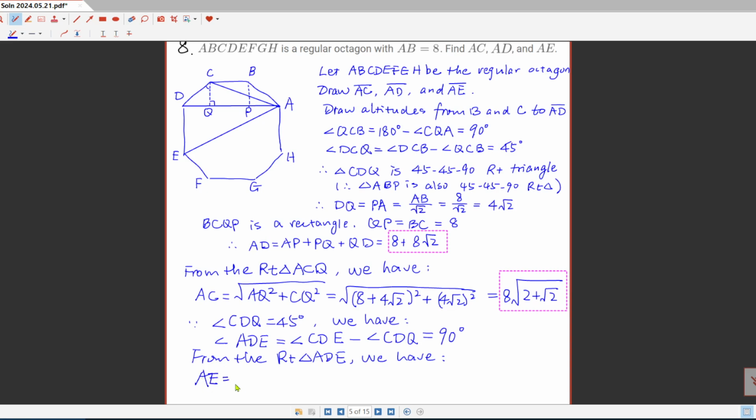AE is just the square root of AD squared plus DE squared, right? And we know AD and we know DE, so just put these two numbers in. That's 8 plus 8 square root 2 squared plus 8 squared, and eventually we have 8 times square root of 4 plus 2 square root 2. That's the length of AE.